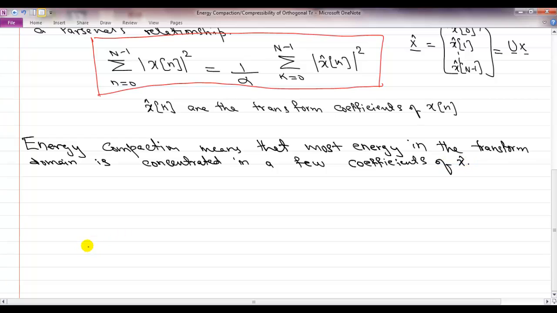An example would be, let's say I plot the absolute value of x hat k.